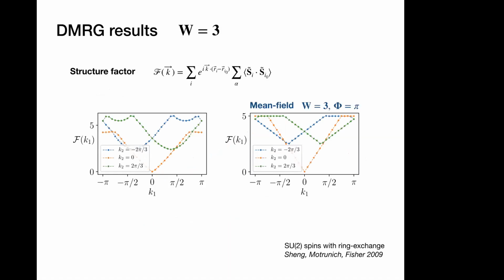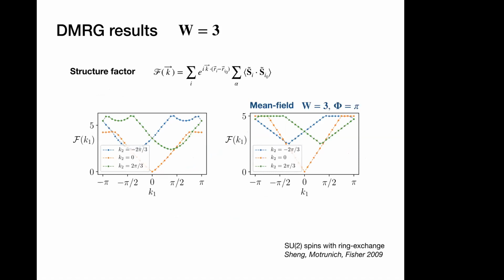Now, trying to understand the nature of this gapless state, we can look at the structure factor, the Fourier transform of the spin-spin correlation, and compare it to the ansatz we have from the mean field. Here on the left, you see the DMRG result for the structure factor, and the different curves correspond to different transverse momentum.